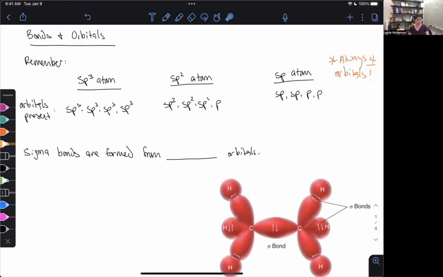All right, so sigma bonds are always going to be formed from hybridized orbitals.